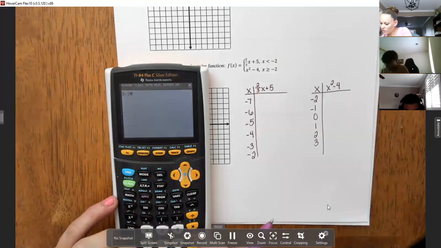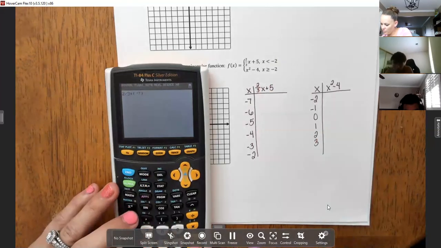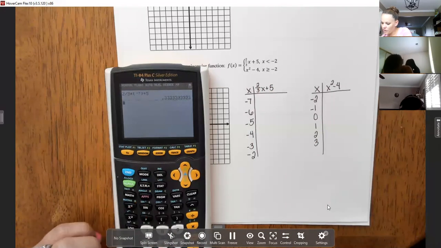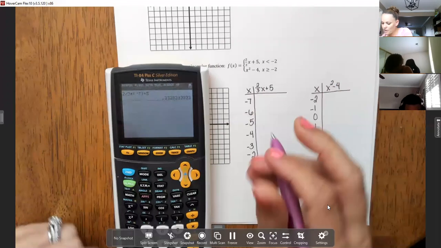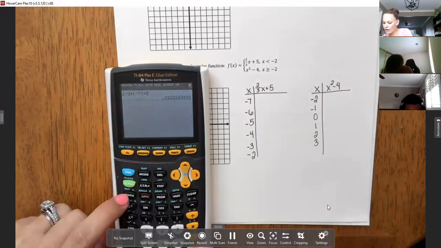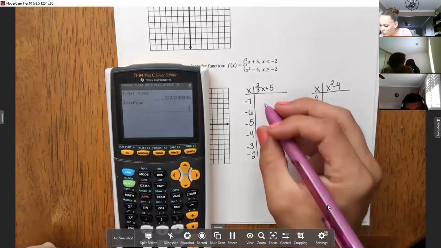So 2/3 times -7 plus 5. So 0.333 or 1/3. Remember to make this a fraction. On my calculator, I do math and then hit enter, and it'll turn it into a fraction.